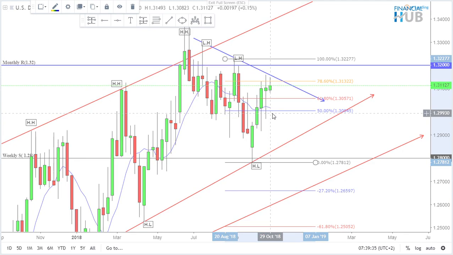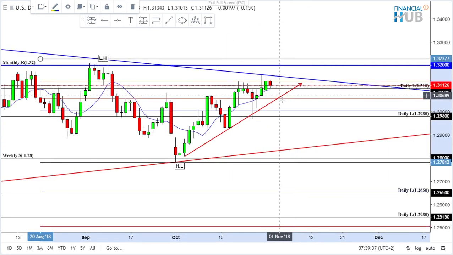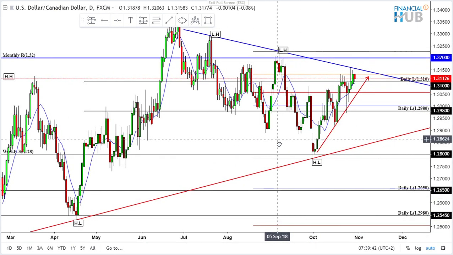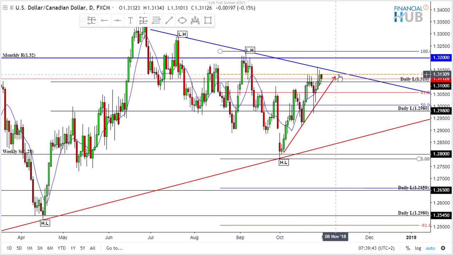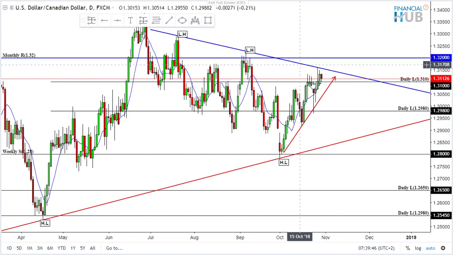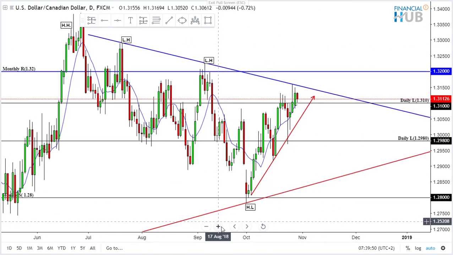So if I go down to the daily charts, these are my daily charts. You can see that we have this triangle, and we are almost touching the trend line for the third time now. This is the third touch of the trend line. In fact, we have done that.